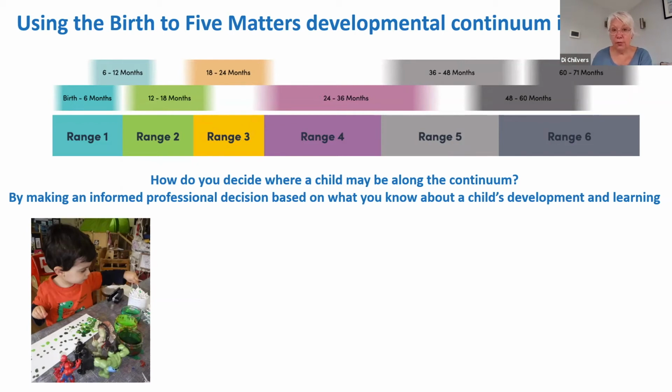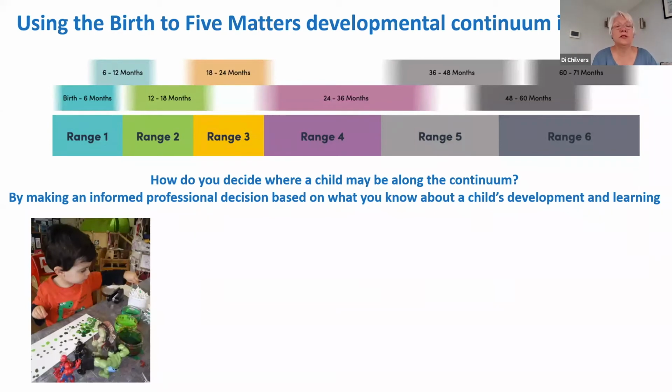Hopefully you're talking to your observation buddy or another colleague about a child, and you're saying, right, where do I think this child is now? So here's little Dylan, at nearly 3, and we're thinking, well, where do we think Dylan is now? What are we going to call upon to help us make that best fit decision? And so we call upon what we know, everything we know about the child.